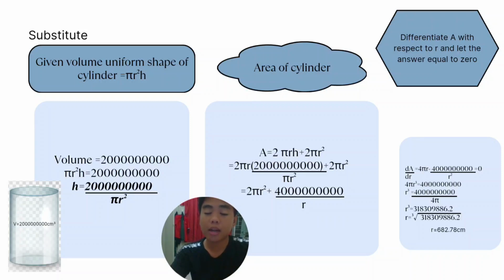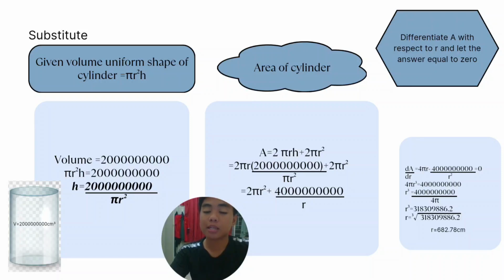Then, we can obtain more from the area of the cylinder. The area of the cylinder says that 2 pi r h plus 2 pi r square equals the area of the cylinder. Now we already have the height of the cylinder, which is 200 millions per pi r square, so we insert the height into the formula, which becomes 2 pi r in bracket 200 millions per pi r square, plus 2 pi r square.